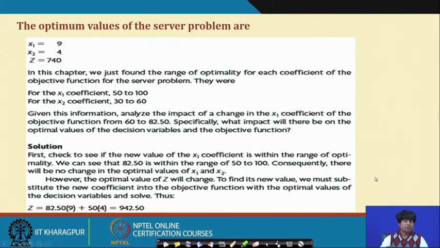Now, the optimum values which we have already solved are x1 equal to 9, x2 equal to 4 and z equal to 740. With respect to the sensitivity analysis, let us say the coefficients of the objective function change: instead of 50 it becomes 100, or instead of 30 for x2 it becomes 60. Then what should be the possible optimum solution?